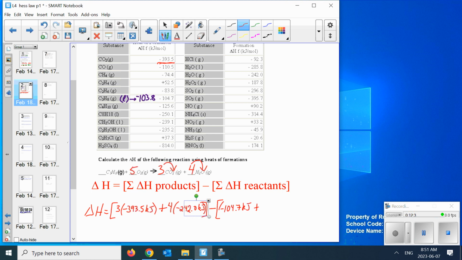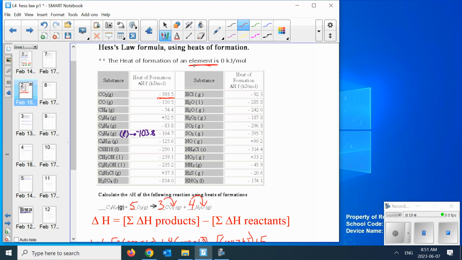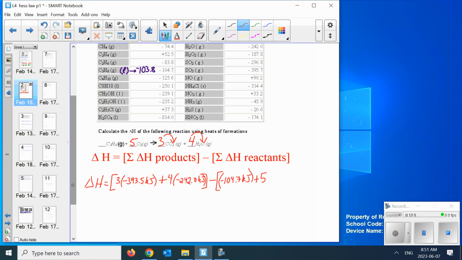Plus 5 groups of oxygen. I look up oxygen on here. I can't find it. Why not? Let's say at the very top, oxygen. It's an element, and it's 0. So 5 times 0. Any element is 0. So that makes the calculation easy.